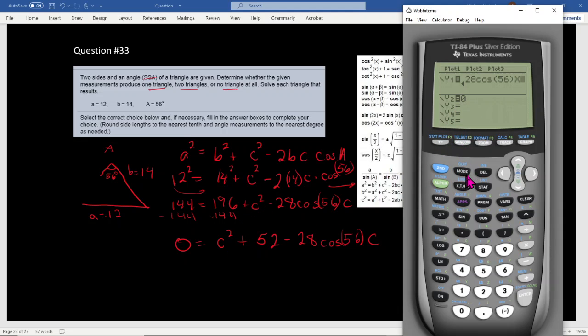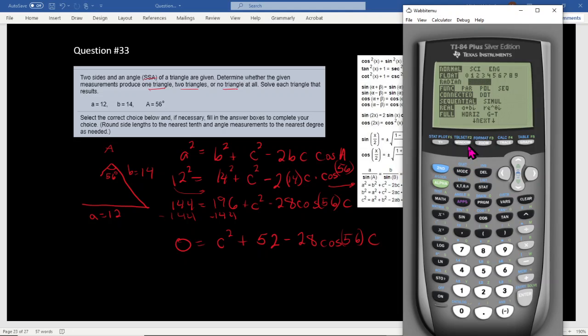The other thing we need is, we are in degree mode, so make sure that when you're in your mode that you've changed it to degree. I remember when I was taking this class back in the Stone Age, I would forget to do that. We didn't have graphing calculators anyway, so we had to do all of this sort of blind, but you still needed to change from radian to degrees.